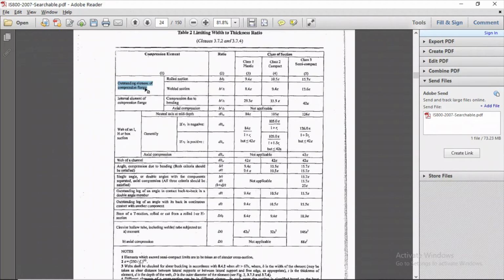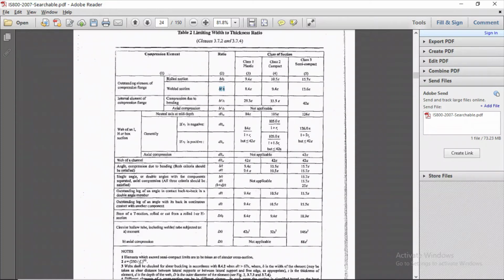So first let us refer for flange. We are calculating first for flange, right? This is outstanding element of compression flange. In that we have two different sections, rolled section and welded section. In that ratio we need to take B divided by TF. Out of these two, let us assume that we are using the rolled section.